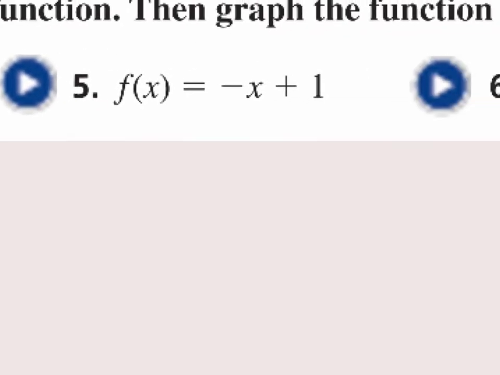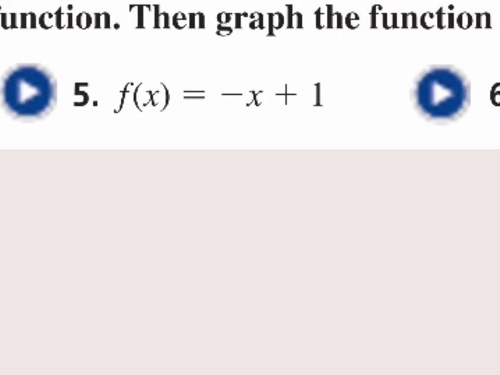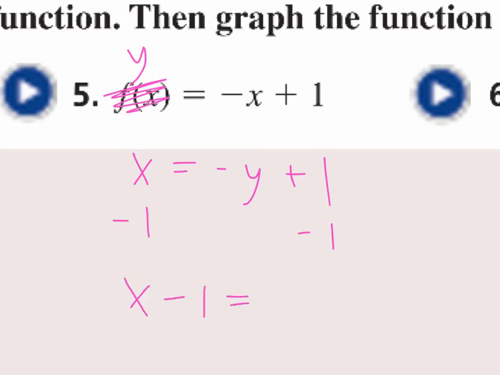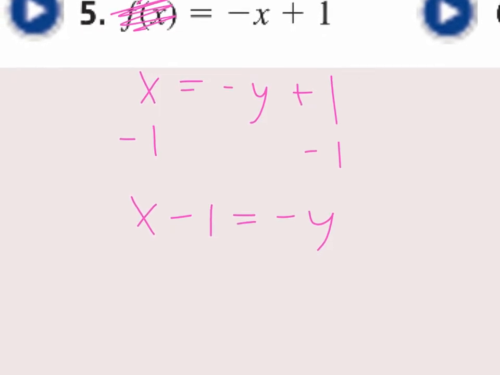All right, 5. Change our f of x to be y. What do we do next? Switch the x and y. So we have x is equal to negative y plus 1. Now how do we solve for y? Subtract 1. So x minus 1 is equal to negative y. What do we do next?